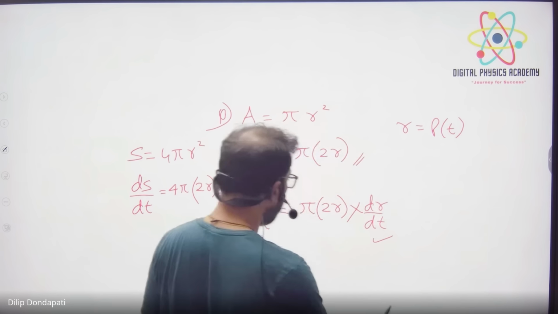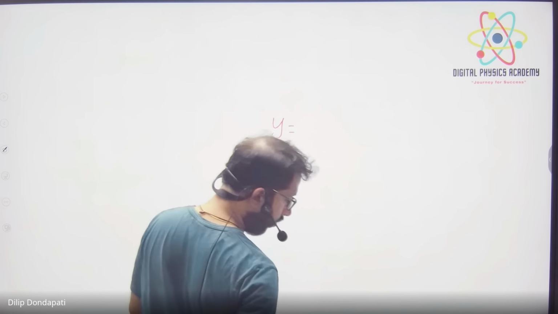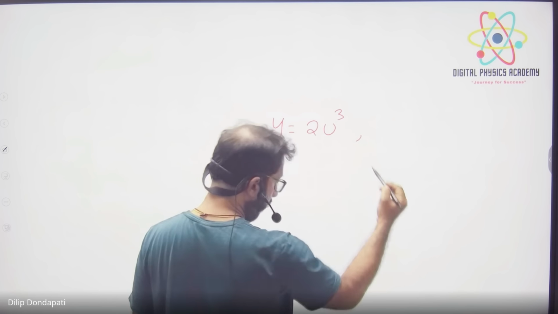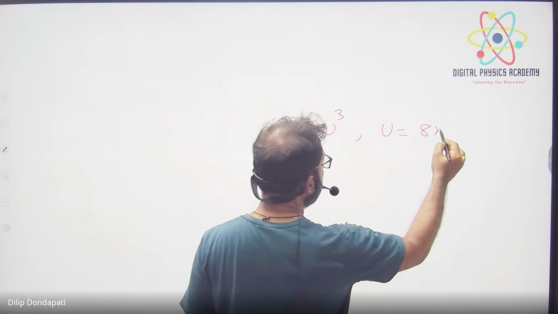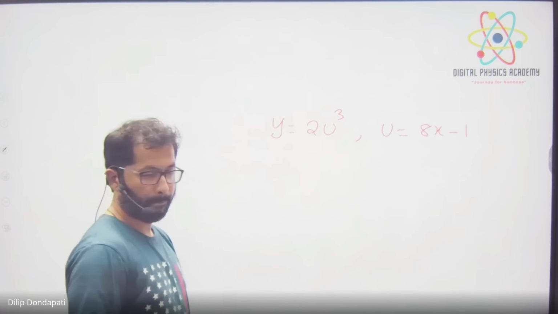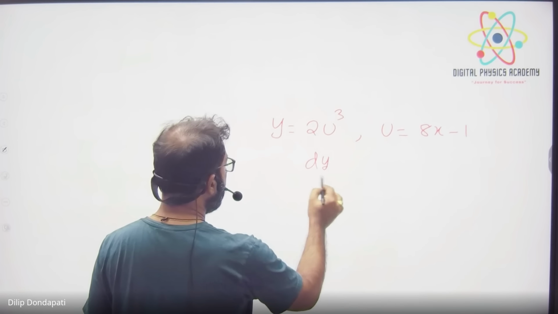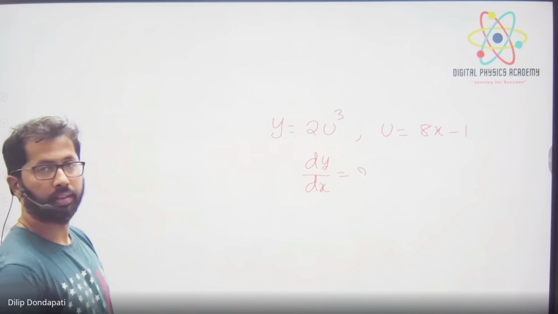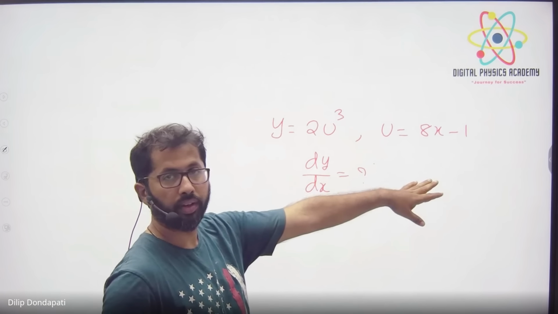Okay, like this again, suppose. Tell me. y is equal to 2u cube. Next, u is equal to 8x minus 1. I want dy by dx. What is dy by dx? Two functions are given to you, y and u.